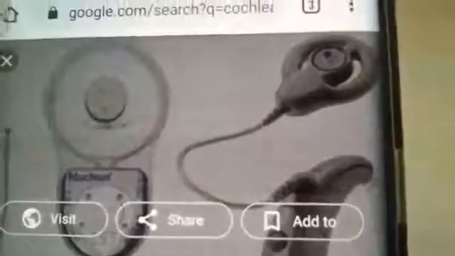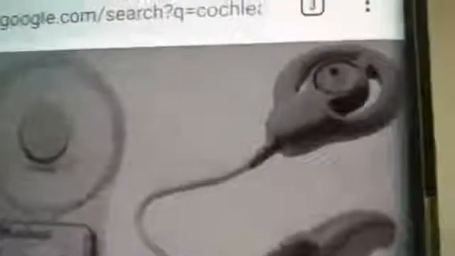The microphone picks up the sounds and sends them into the transmitter, and this whole device divides the sound that it has received into various frequencies, and this is the part that is outside the ear.